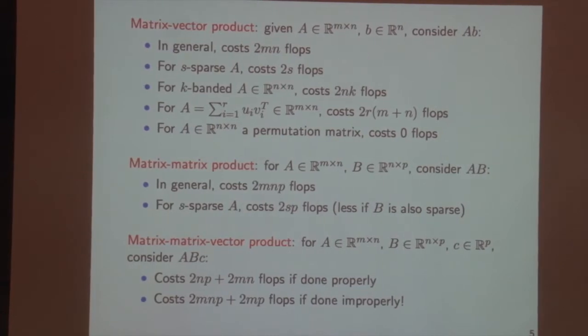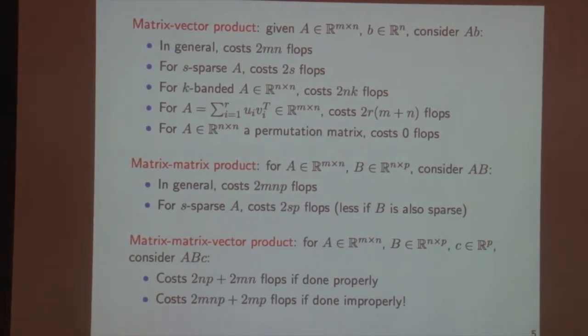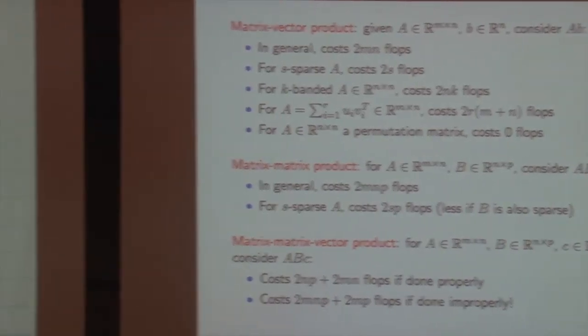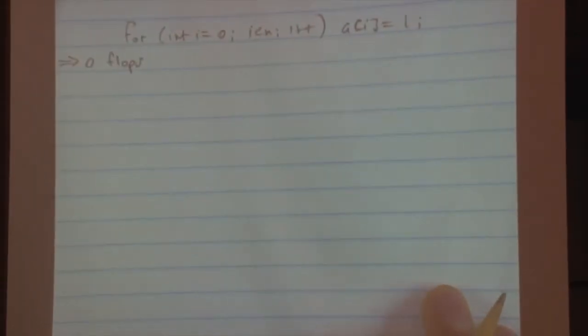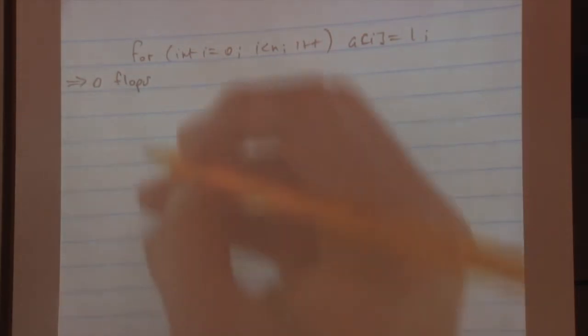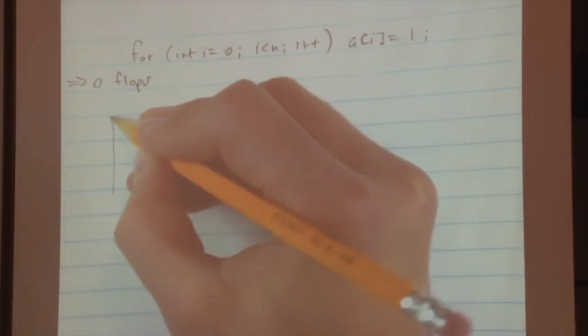Okay, moving on to some more sophisticated operations. How about matrix vector operations? In particular, the matrix vector product. If I have an m by n matrix A and an n-dimensional vector B, what does the product A times B cost?